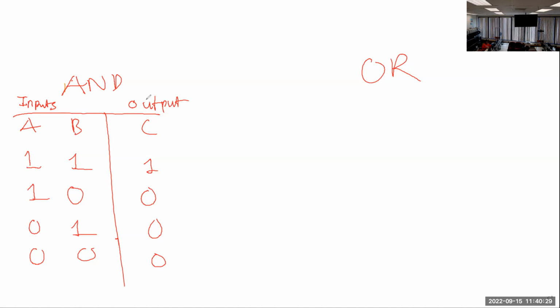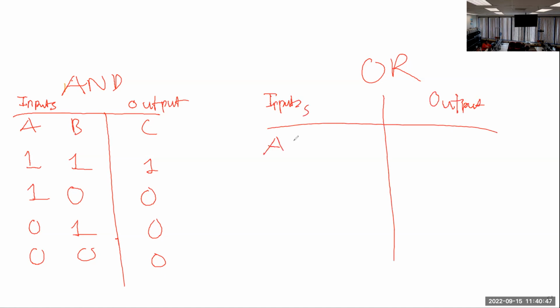So for the OR logic, you have inputs again and an output here. You have 2 inputs, A and B, and the output C. For the OR, the output is true when at least one of them is true, and it's only false when both of them are false. So if you have 0, 0 here, you have 0.